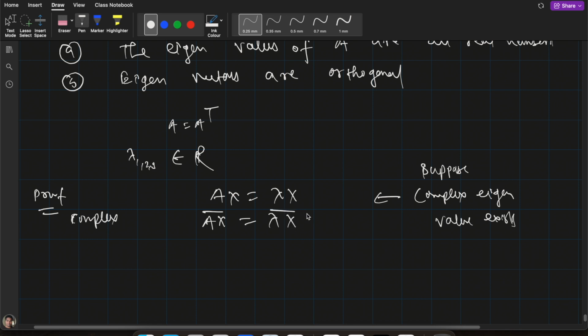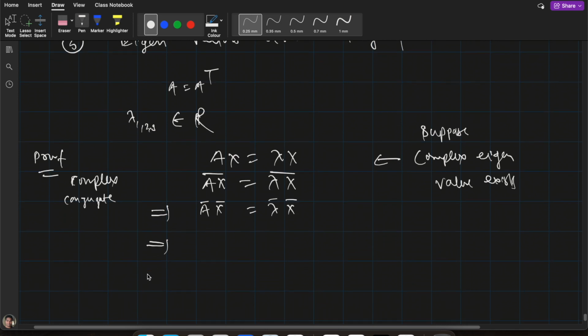If you take this bar, complex conjugate, right? If you remember. Since this complex conjugate will be distributed in both matrices. Now you can see that since all entries of A are real, which means that there are no such complex numbers, so the complex conjugate A bar will be nothing but equal to A, and that is x bar lambda bar x.